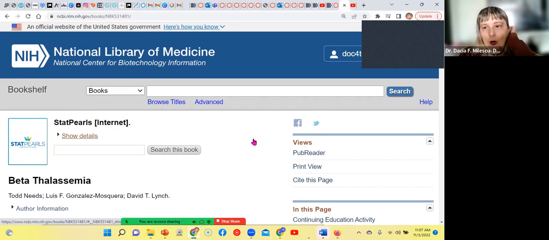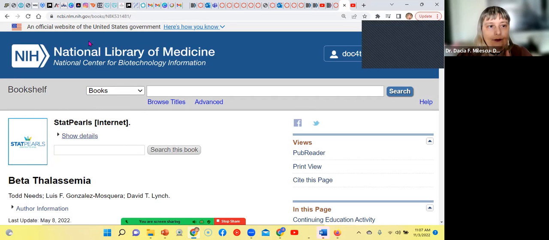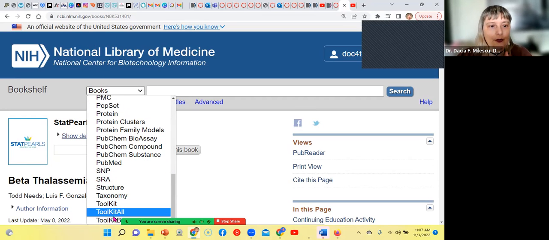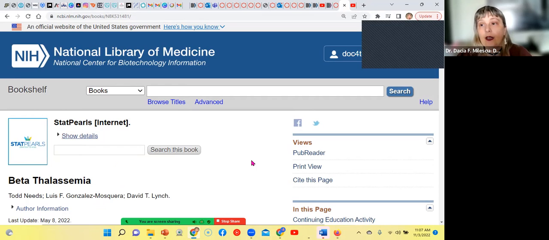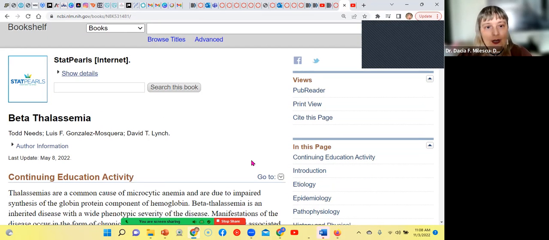And also, I wanted to show you in the National Library of Medicine how you could look up any genetic disease of your choice. You could look it up in terms of books, or you can go in terms of all databases, which includes case studies and research on diseases, okay?